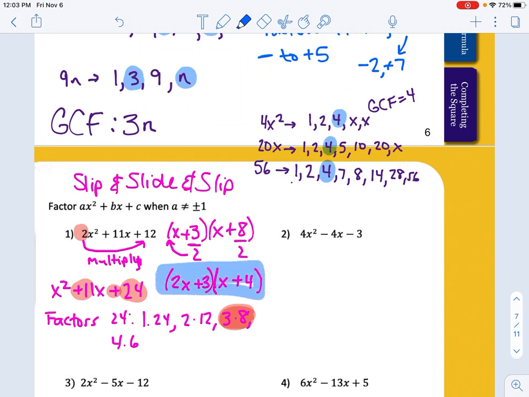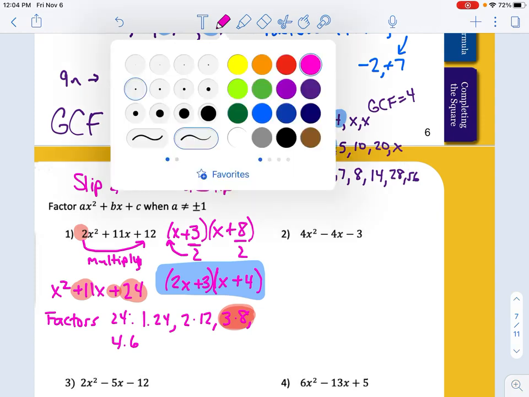That is our factor. So if we were to go ahead and FOIL this out, first times first, outer times outer, inner times inner, and last times last, then we would see that this actually is equivalent to our original, just like yesterday's were. We just have this new method for when a is not equal to positive or negative 1. So we do the same thing on this next one.